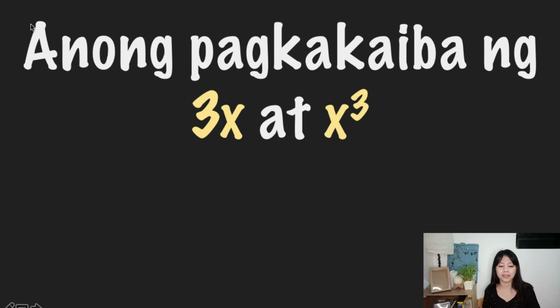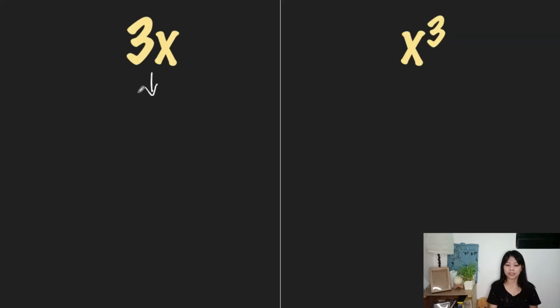Kaso guys, nagkakaroon ng confusion pagdating po sa mga exponents involving algebraic expressions or variables. Ano ba yung pagkakaiba? Let's have a comparison. Okay? Ano ba yung pagkakaiba ng 3x at saka ng x cubed? Pag sinabi po nating 3x, ito ay resulta ng addition of 3x's.